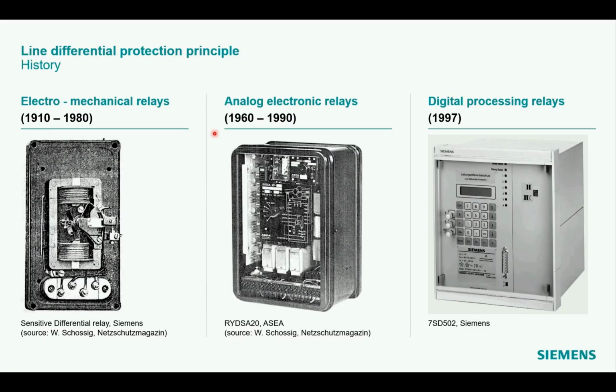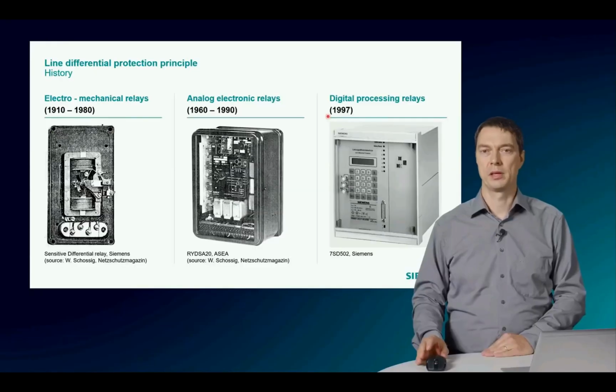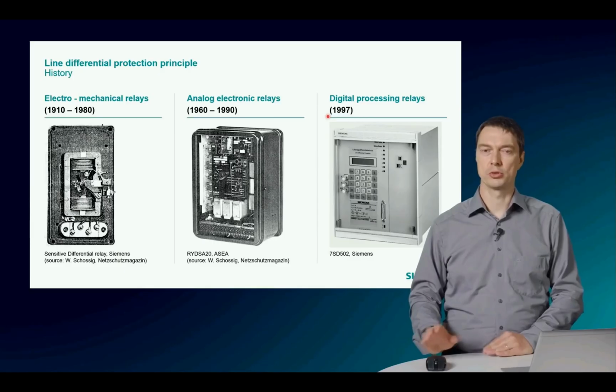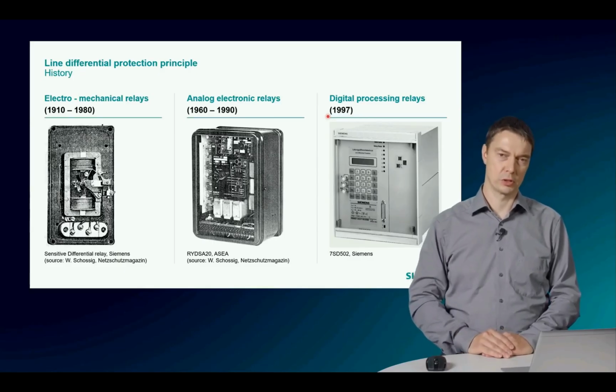Unfortunately, in these devices, the long-term stability of the used components was not very good. So from 1997, digital protection relays were introduced and replaced the existing mechanical and the analog electronic relays. They used the existing pilot wires, but later introduced also other types of digital communication.